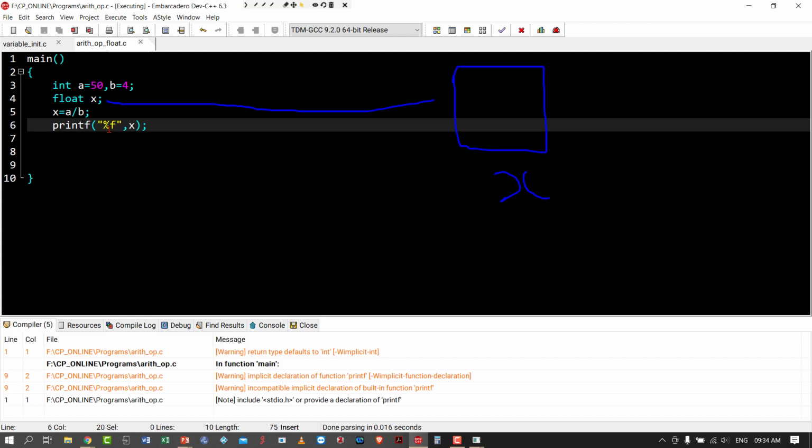So what will be the output of the program? Can you type it in the chat box? All of you please type the output of this program. Output of the program means the value of x.